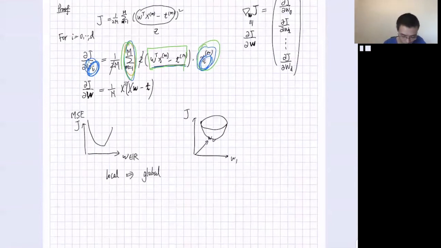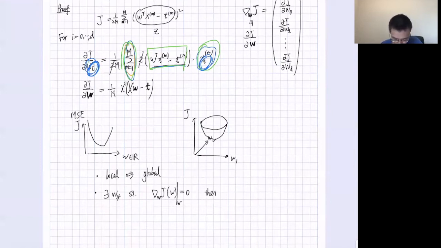And also we know that if there exists some point, I can call it W star, where the gradient with respect to W is 0, then W star is guaranteed to be the global optimum.